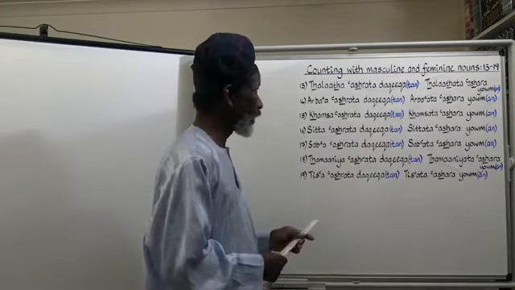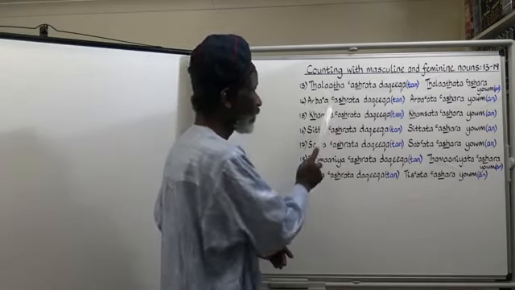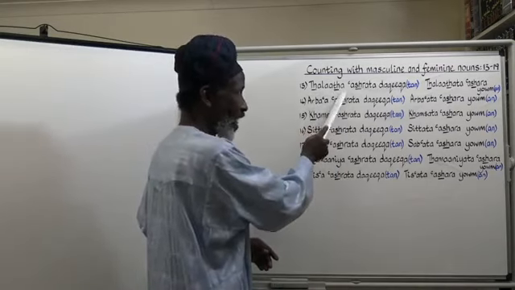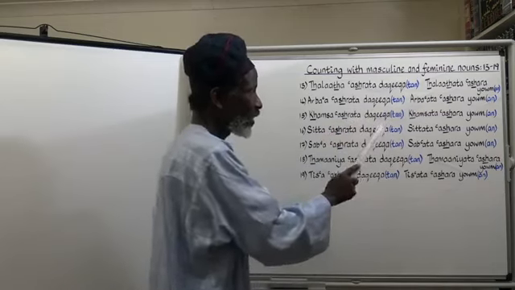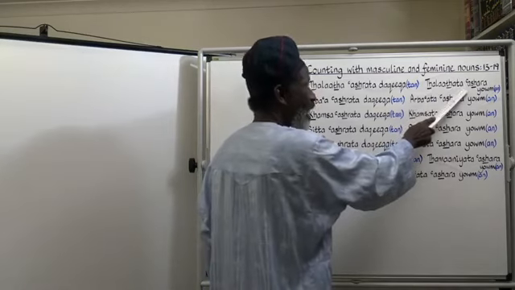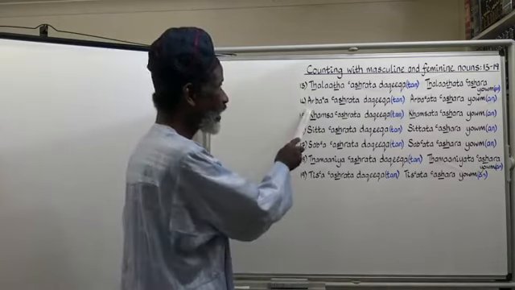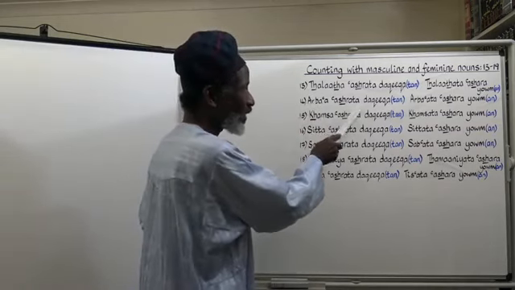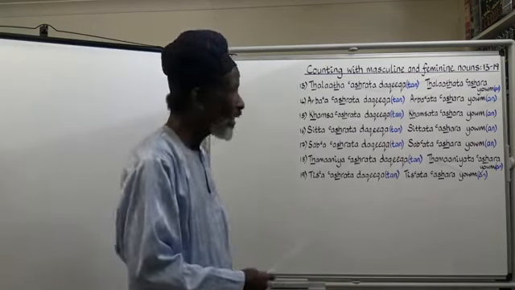So let's go through it now. Number 13, counting feminine, ثلاث عشرة دقيقة. Counting masculine, ثلاثة عشر يوما. 14, أربع عشرة دقيقة. Counting minutes, that's 14 minutes.